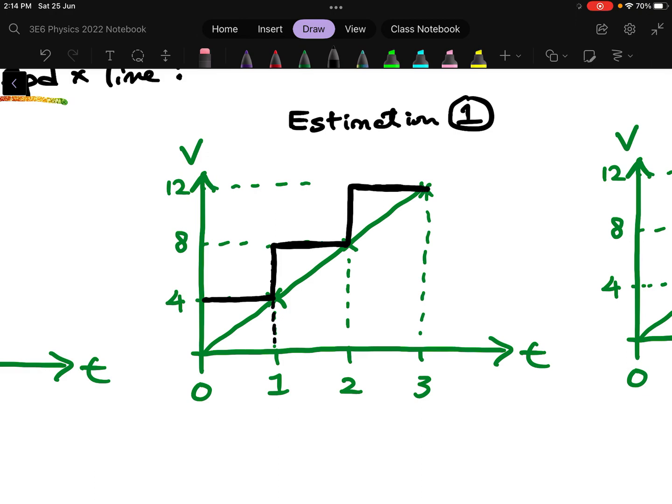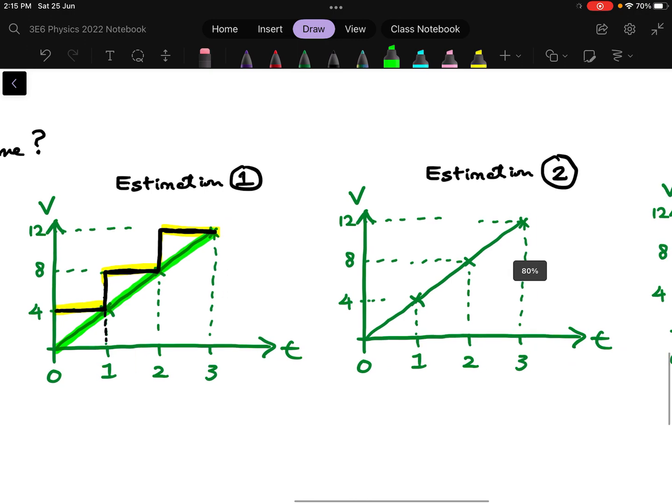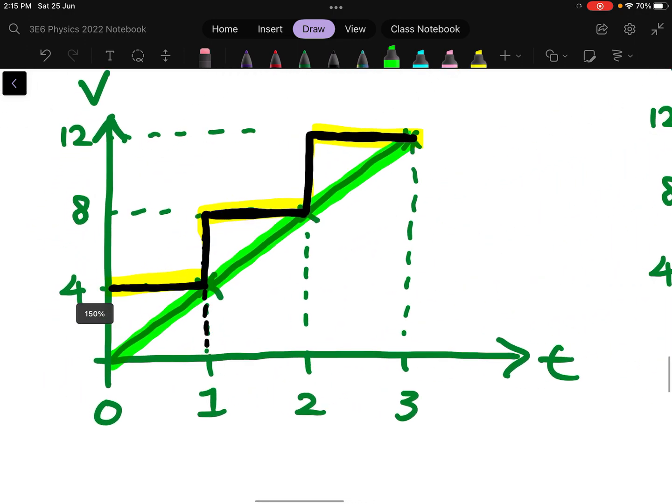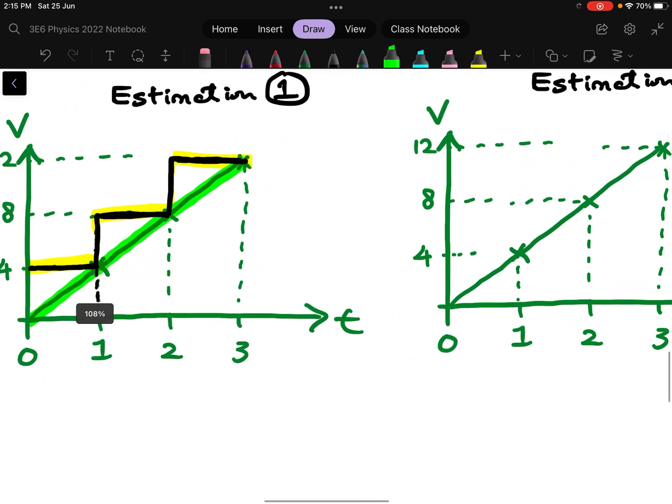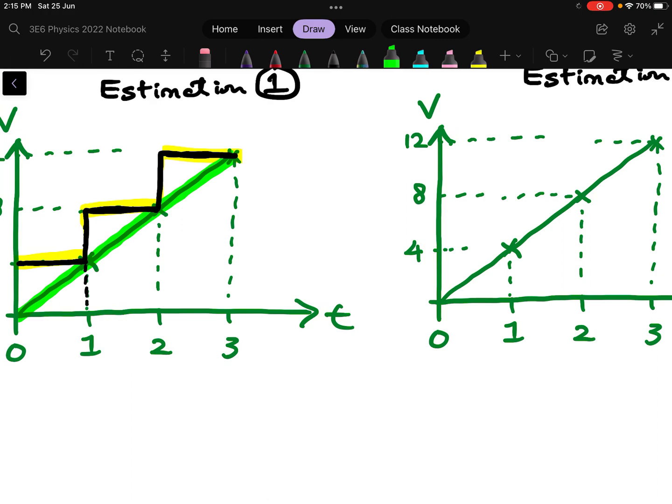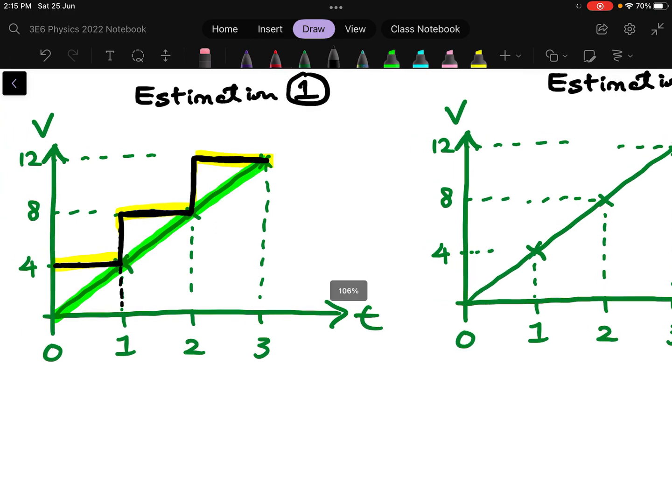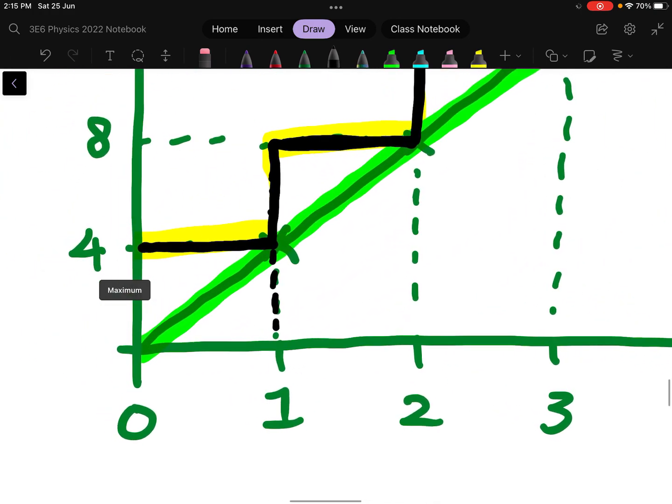Now if I look at this black line and the original one, which is the actual motion, is it a good estimation? Well, there's still some variation. How can we make a better estimation? What I can do is make the steps more refined. So maybe I don't assume that the speed from 0 to 1 is always 4.